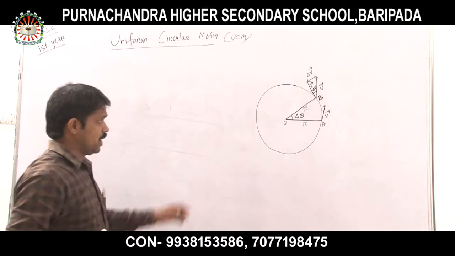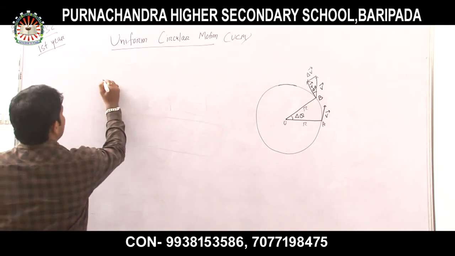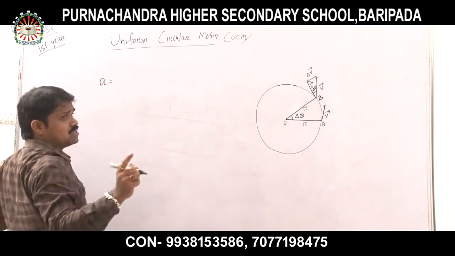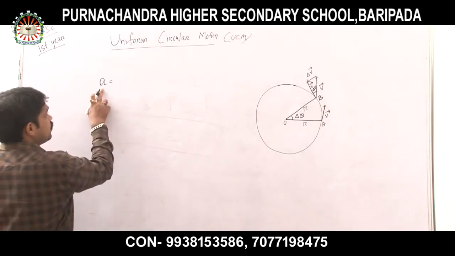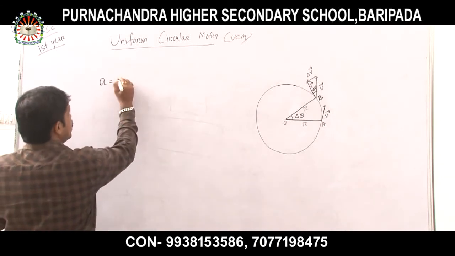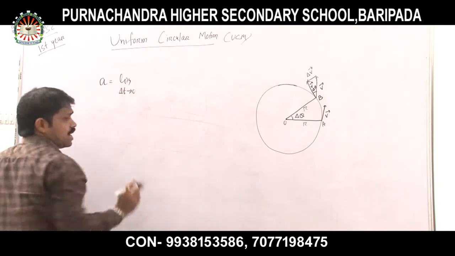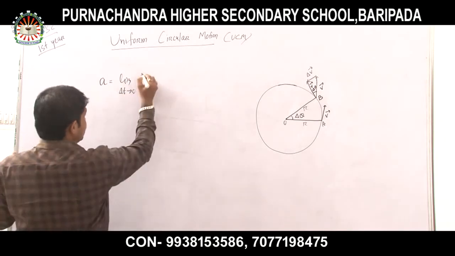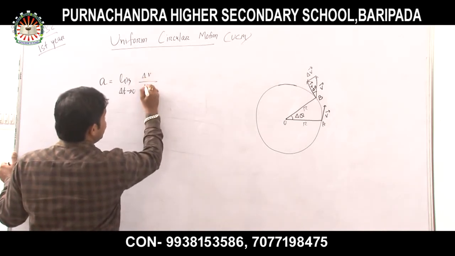A very important point: during the motion, suppose the linear acceleration. How can we define the linear acceleration? We know that a is equal to the limit as del t tends to 0 of del v divided by del t.